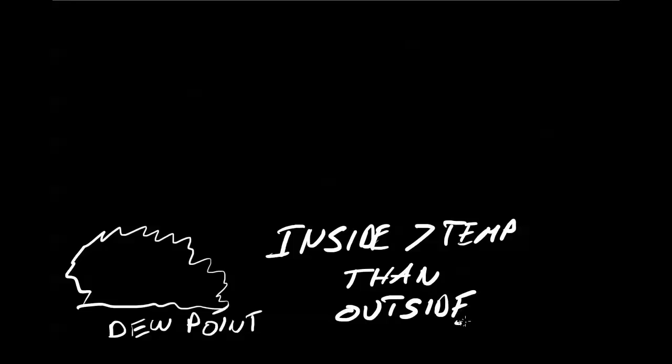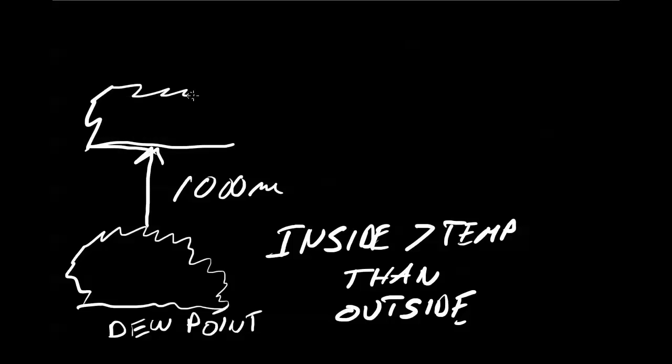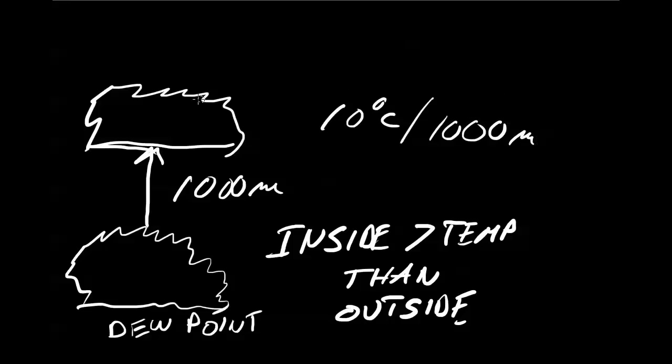The inside of the cloud is rising in the atmosphere, so if we go up another 1,000 meters, we know the outside of the cloud is dropping about 10 degrees Celsius per 1,000 meters. Well, the inside of the cloud is dropping about 5 to 9 degrees Celsius per 1,000 meters.